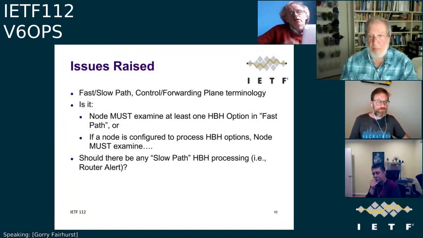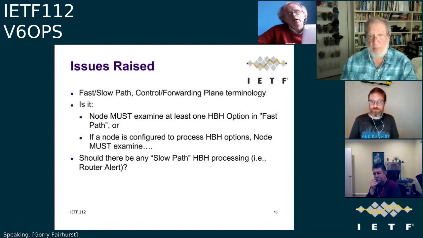It must, if a node is configured, then the node must examine, etc. There is an implication here to anyone using this, because if you put two hop-by-hop options in the same IPv6 packet, the second one doesn't meet the criteria of being the first because it's the second, and it might not get through. Therefore, you have to think carefully about how you want to use hop-by-hop options over long paths and what might happen to the second option.